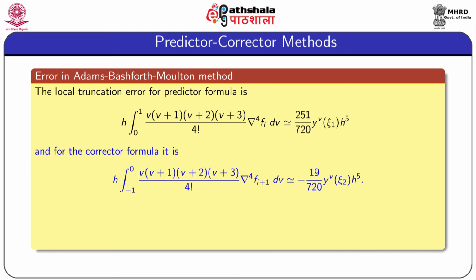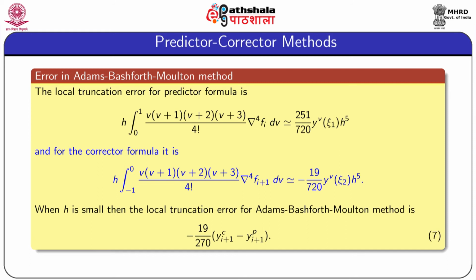And the error for the corrector formula is h into integration minus 1 to 0 of v into v plus 1 into v plus 2 into v plus 3 by factorial 4 into nabla 4 f i plus 1 dv. After integration and replacing the value of the fourth difference, we get minus 19 by 720 into the fifth derivative of y at xi 2 into h to the power 5.